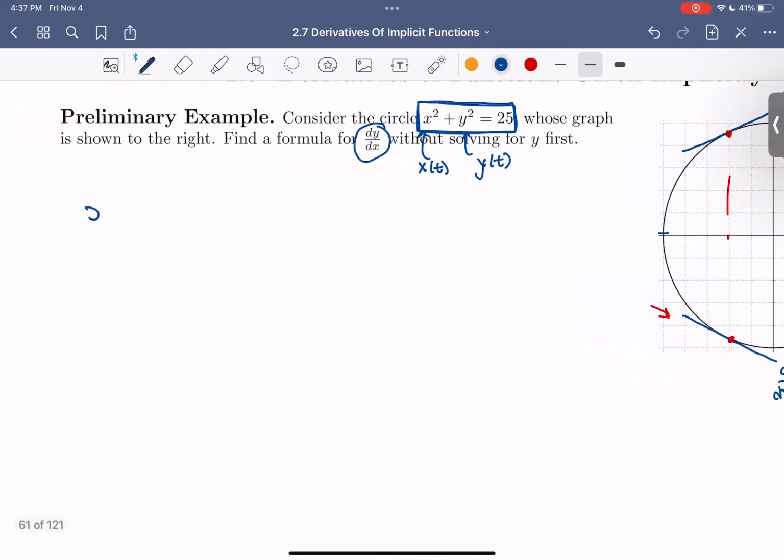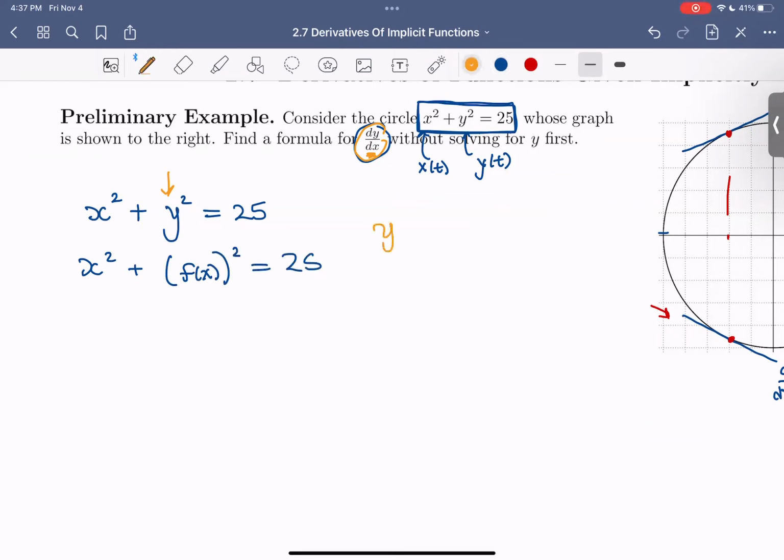First, I'm just going to rewrite my equation, x squared plus y squared equals 25. Because I want to know how y changes with respect to x, I should think of y here as a function of x. So I'm going to make that super clear by writing f of x for y.